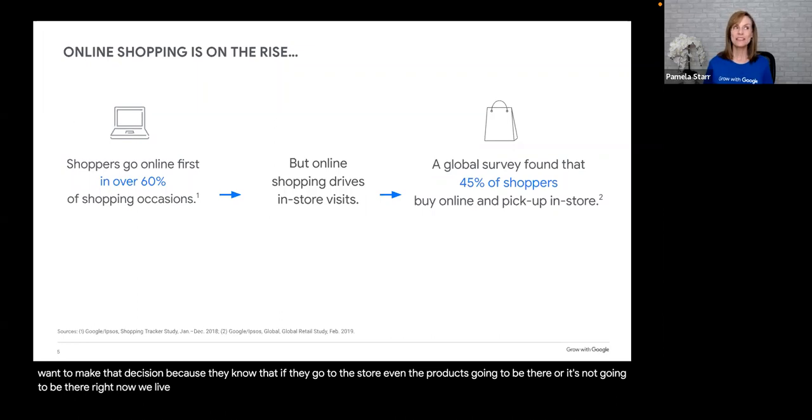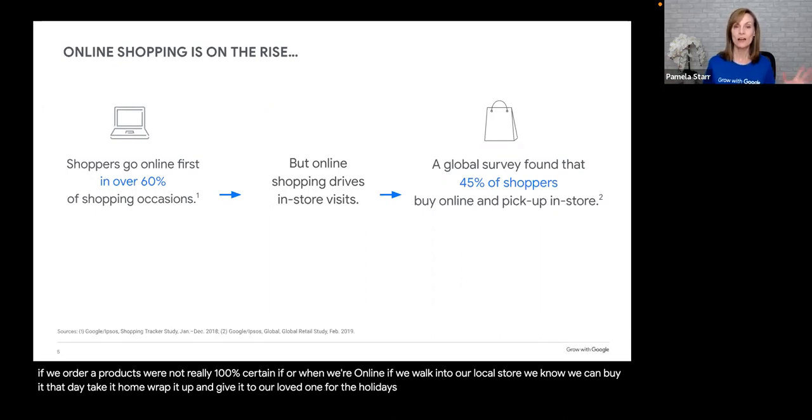Right now, we live in this kind of crazy world. We've all heard about all of these supply chain issues where, if we order a product, we're not really 100% certain if or when we're going to get it. If we find a product we like online, if we walk into our local store, we know we can buy it that day, take it home, wrap it up and give it to our loved one for the holidays without having to worry about, is it actually going to show up?